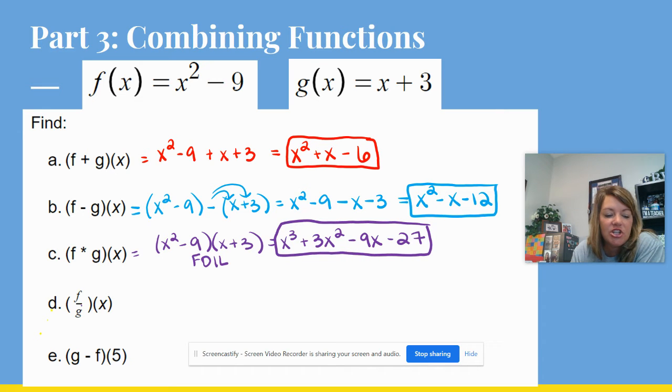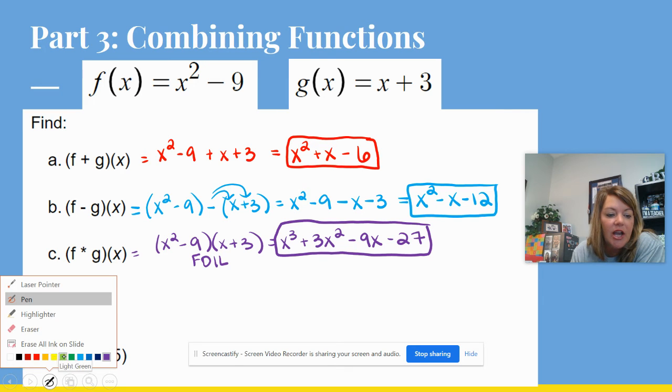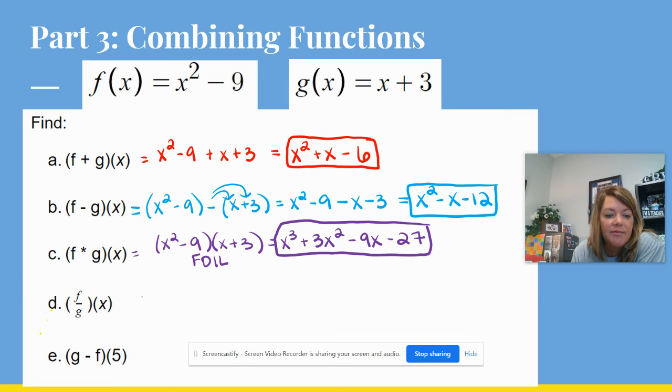Okay, let's do division. Division is probably going to be just a little bit harder, so let's see what's happening here. F divided by g. So this is x squared minus 9 divided by x plus 3. I want to talk about this because this is a special type of factoring and might be the type of factoring that you're asked to do on the test, but it's really super easy.